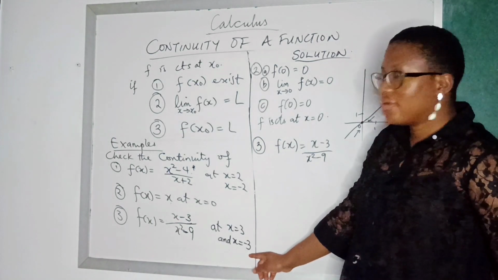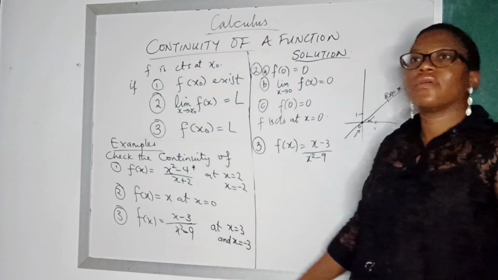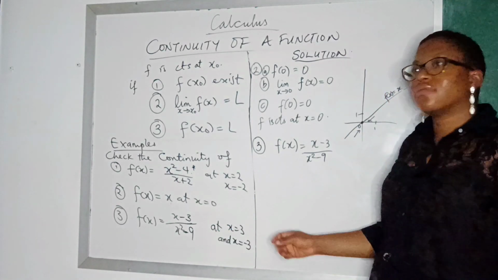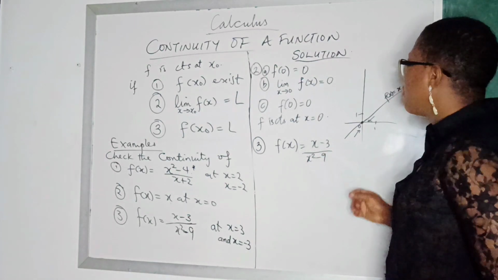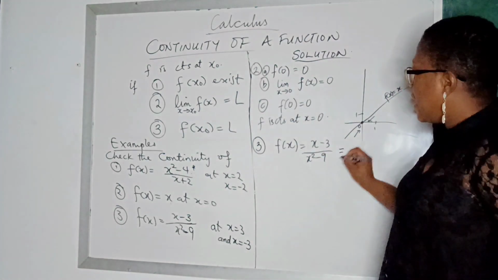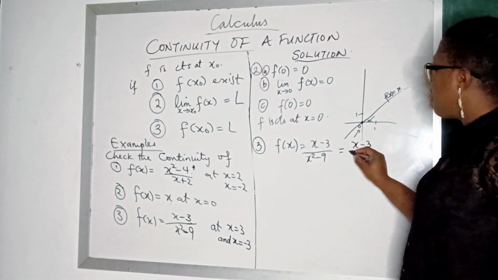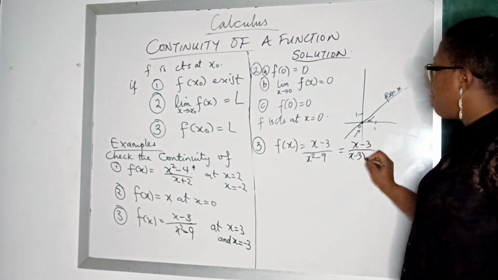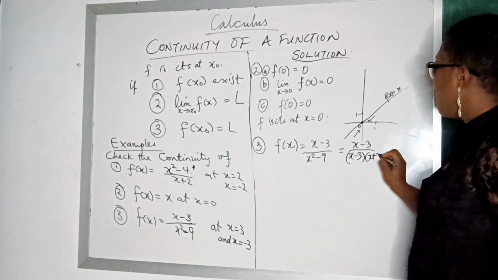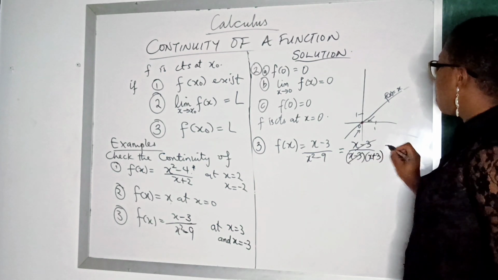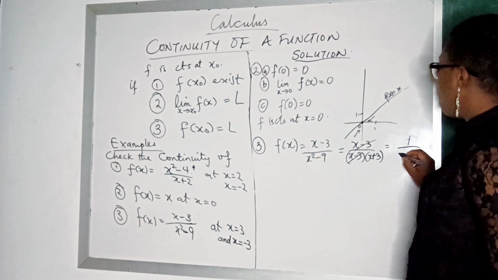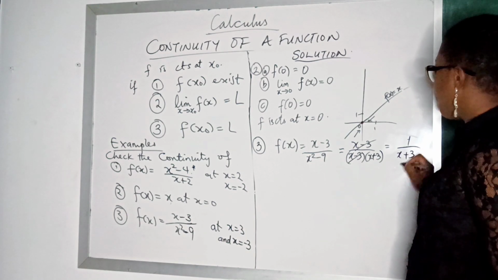Even if I plug in minus 3, I have minus 6 over 0. So there is a need to simplify, the way we did the first function. We see clearly that this is a difference of 2 squares. So I have x minus 3 over x minus 3 times x plus 3, and this will cancel out, so I have 1 over x plus 3.